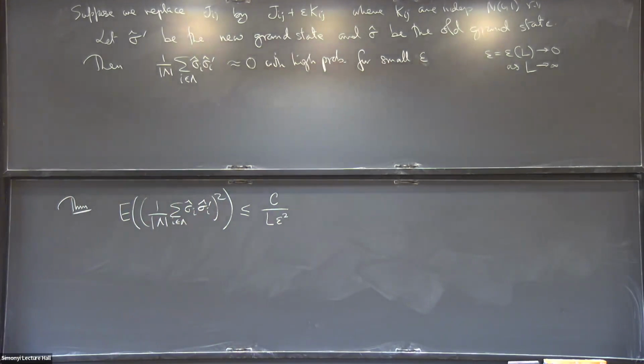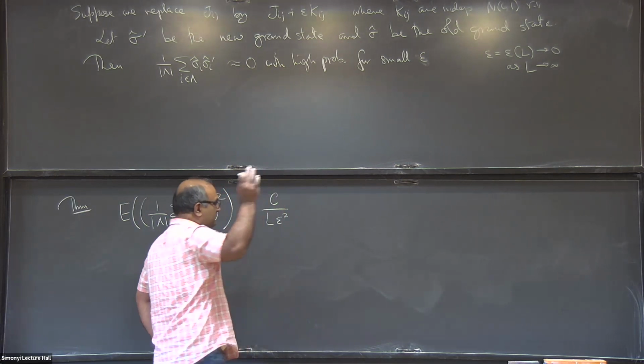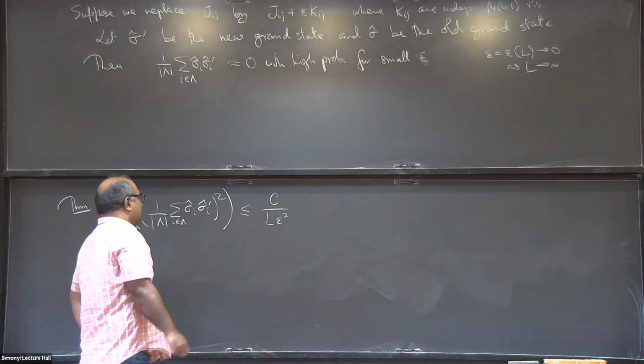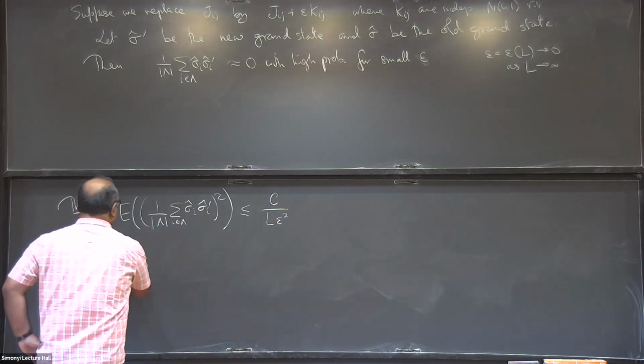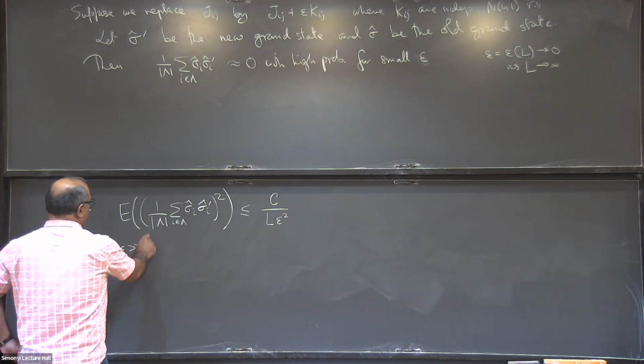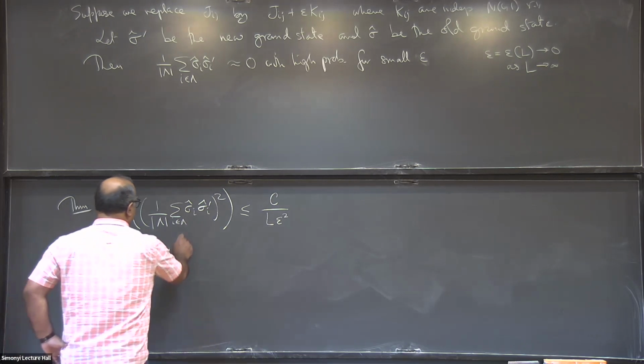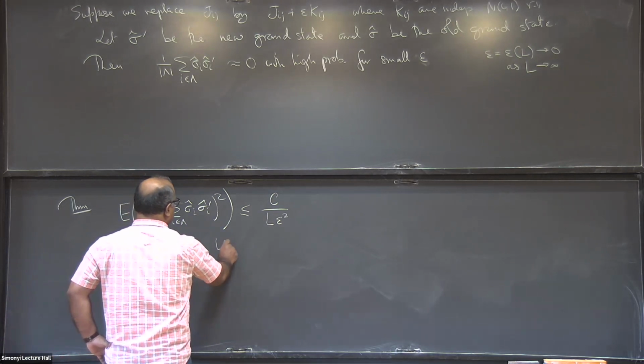Yeah. In general dimension D, I think it improves, it becomes a power of D or something. Anyway, the main thing is that if epsilon is much bigger than 1 over root L, then the left-hand side is close to 0.